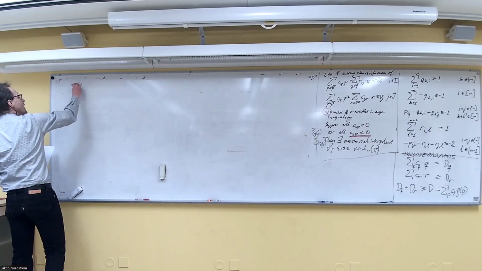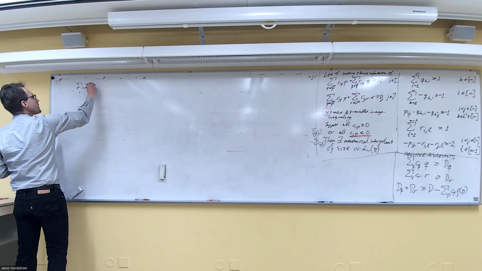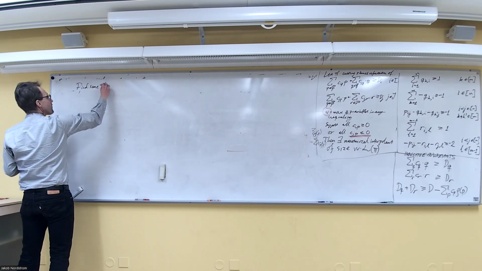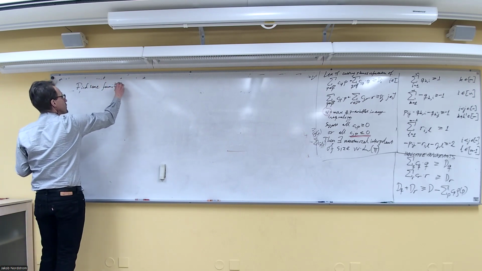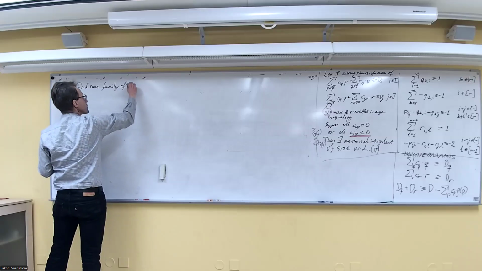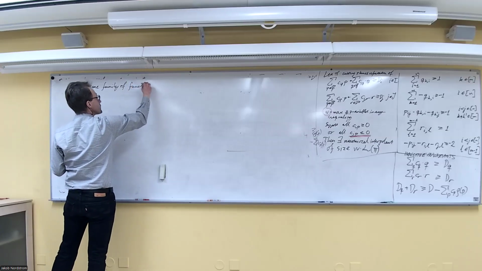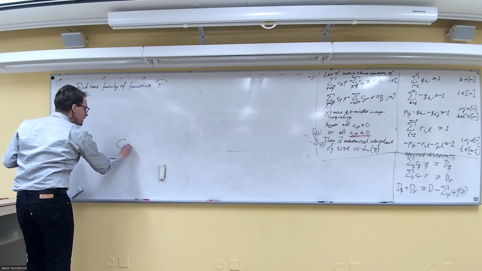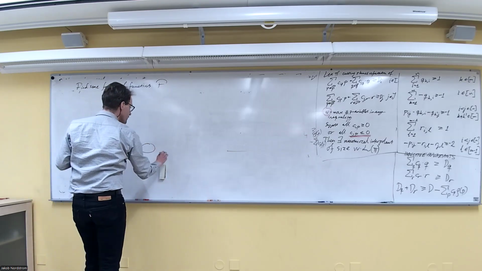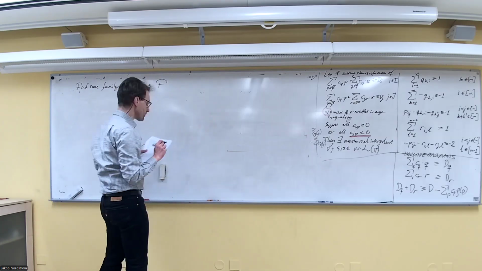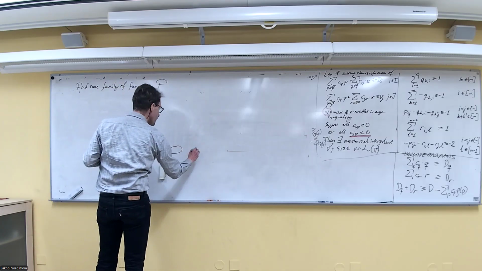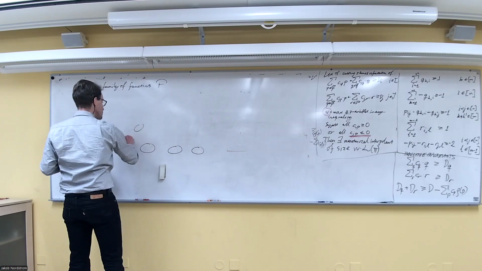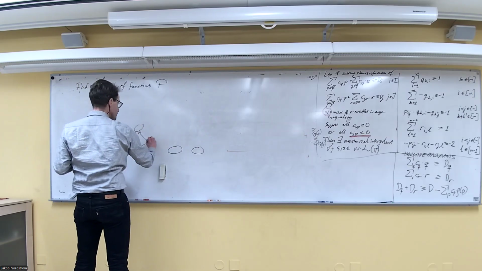We're going to find some family of simple functions f, okay? We're now looking in particular at the clique problem where we have monotone circuits. That looks something like this.